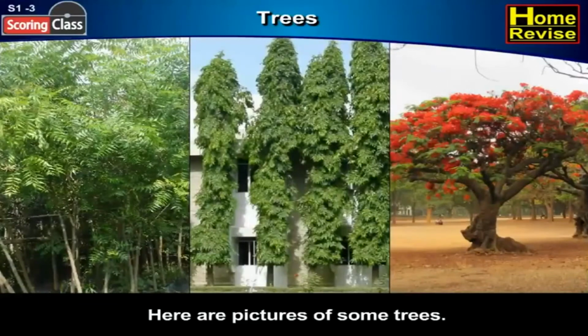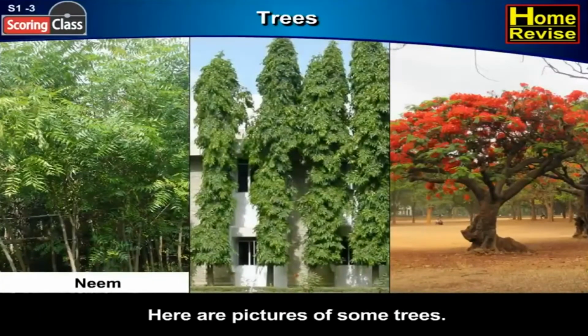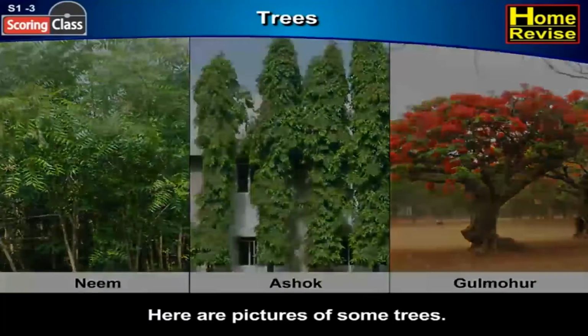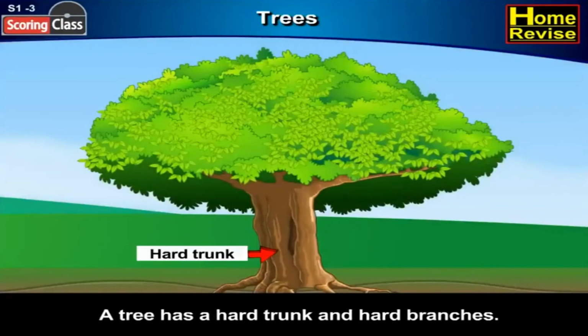Let's have a look. This is a neem tree. This one is an ashok. And this is a beautiful gulmohar tree. A tree has a hard trunk and hard branches.